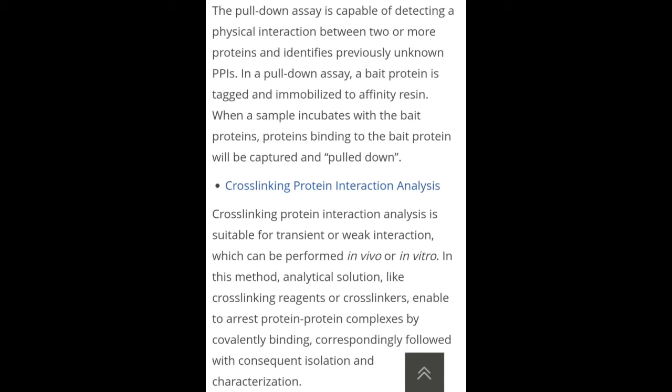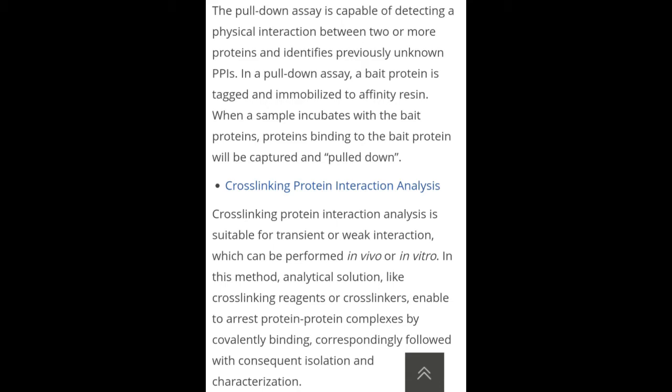Then yet another very important method is called the cross-linking protein interaction analysis method. This analysis method is suitable for transient or weak interactions among the proteins, and can be performed in vivo or in vitro. In this method, analytical solutions like cross-linking reagents, called cross-linkers, are used. These cross-linkers enable us to arrest protein-protein complexes.